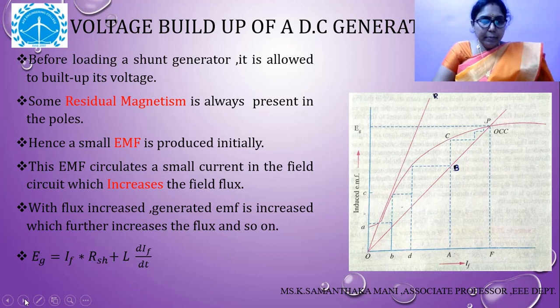It can be given by the formula E = IF·RSH + L dIF/dt, the rate of change of flux linkages, plus IF·RSH. This is nothing but your generated voltage.